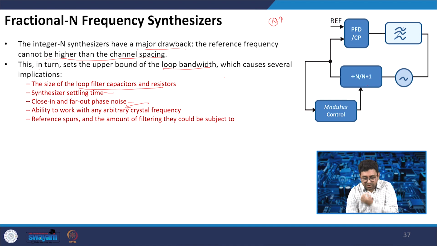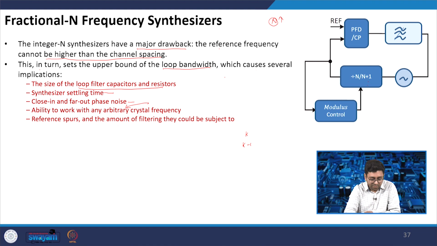How will this work? Let us say there are K cycles: for K minus 1 cycles the divide by N happens, and after that, one time the divide by N plus 1 happens. So the overall division will be a fraction, alpha.